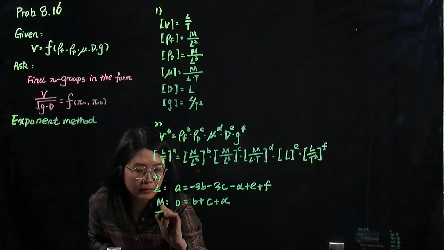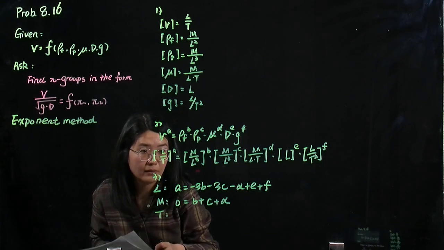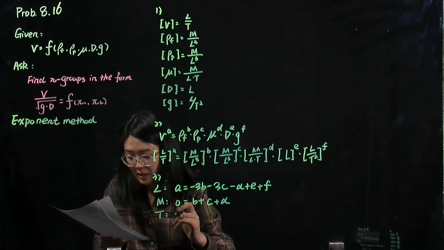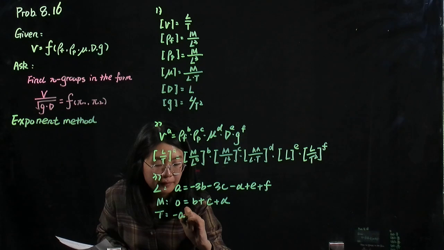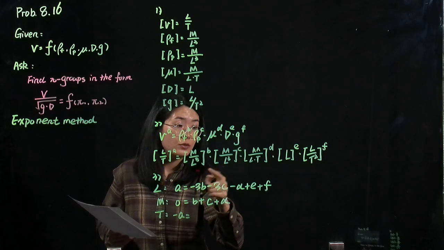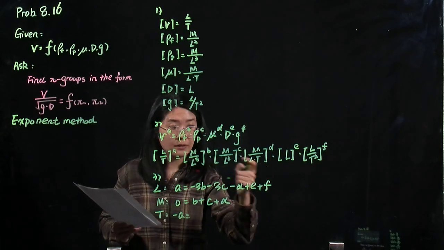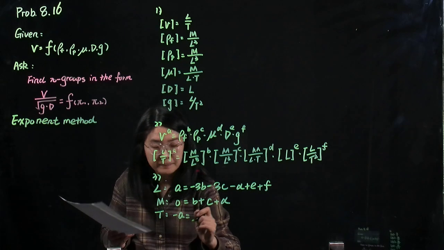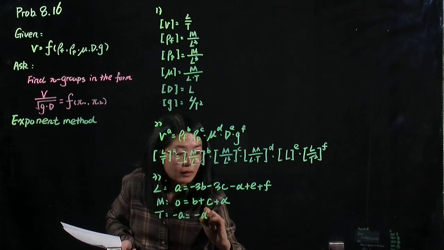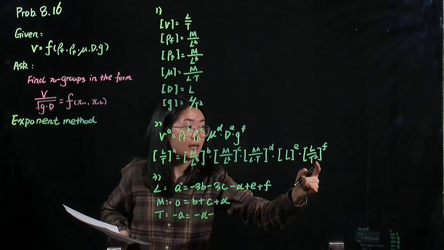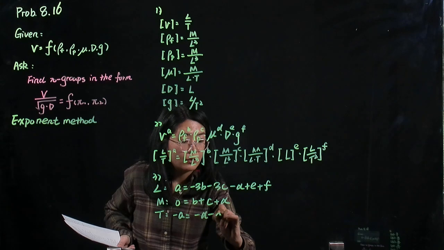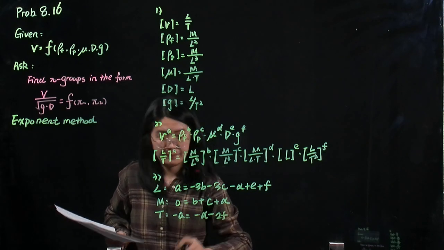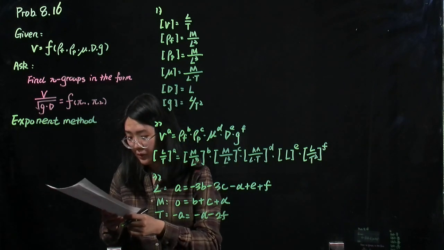And for the T, on the left-hand side it equals minus A. It equals, there is a T here, so it's minus D, and then minus 2F.